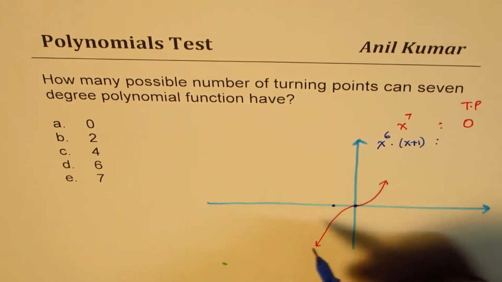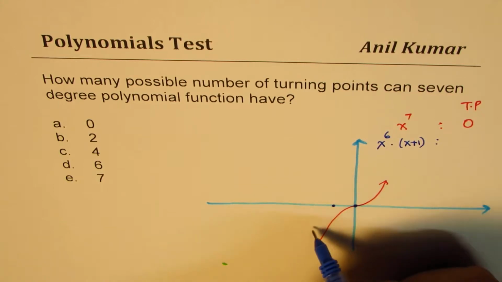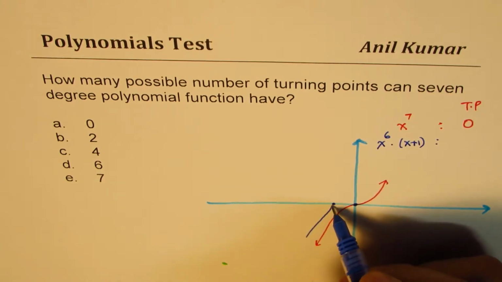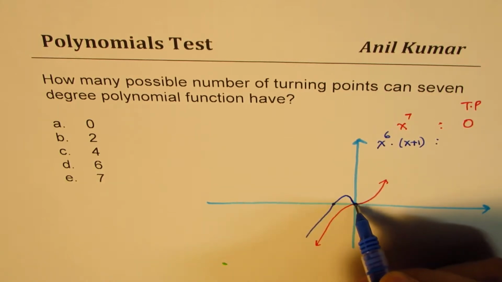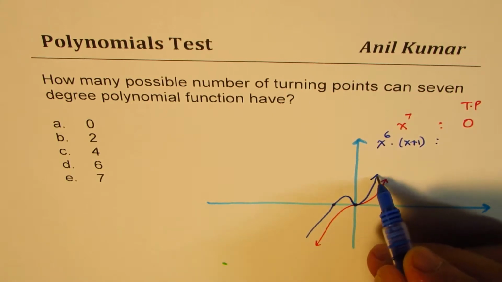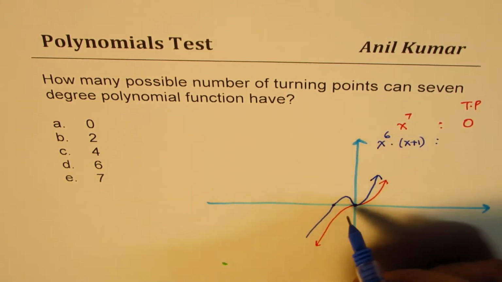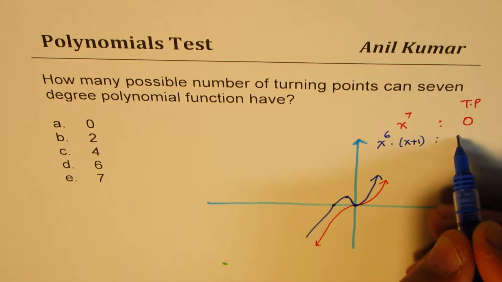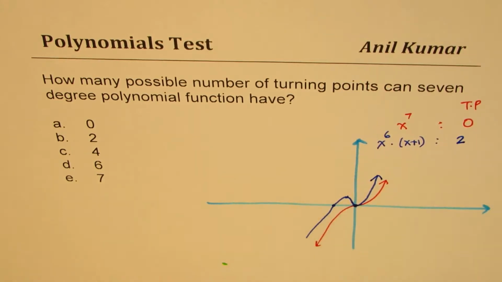If I sketch this function, it will go linear and then kind of like this. So you can count there are 2 turning points for this particular function.